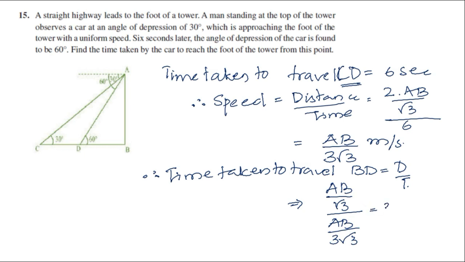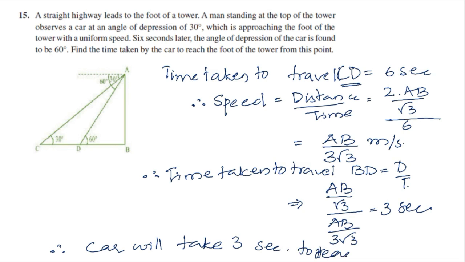On simplification, we get it as 3 seconds. Therefore, the car will take 3 seconds to reach the foot of the tower.